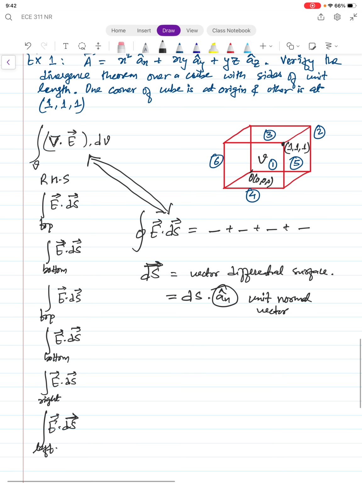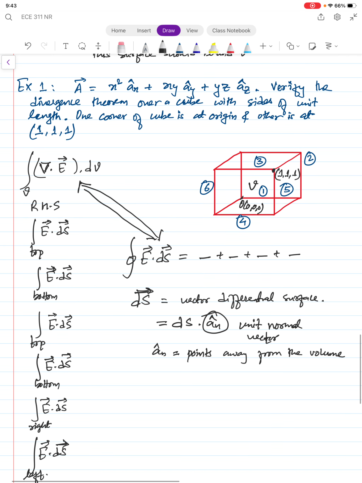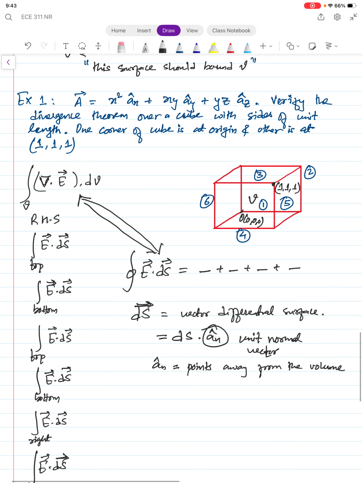For a closed surface like this, or if your surface is bounding a volume, then your an points away from the volume, meaning that for face number 3 it has to point away from the volume.